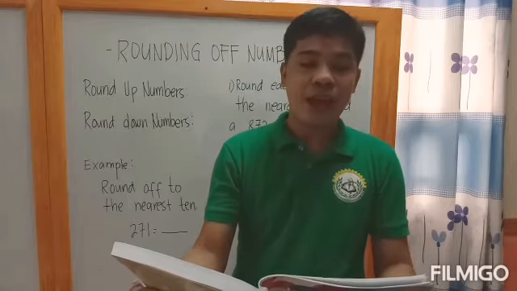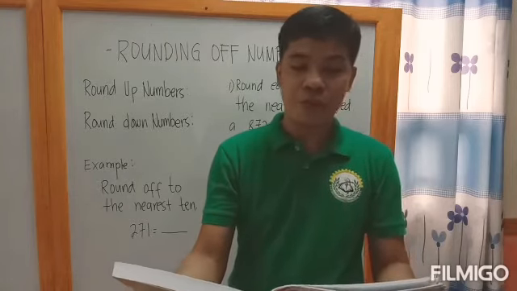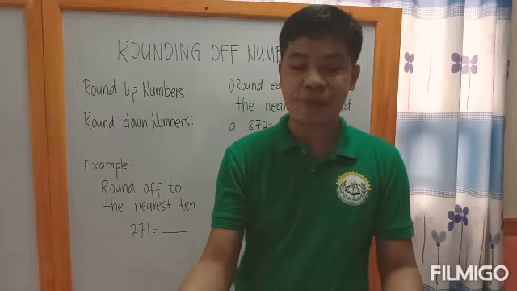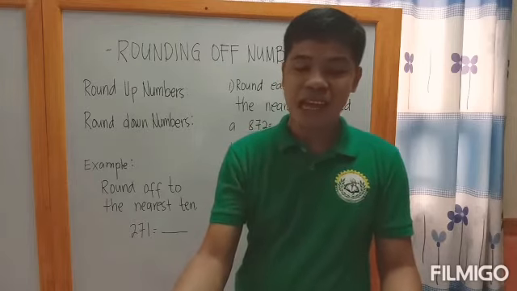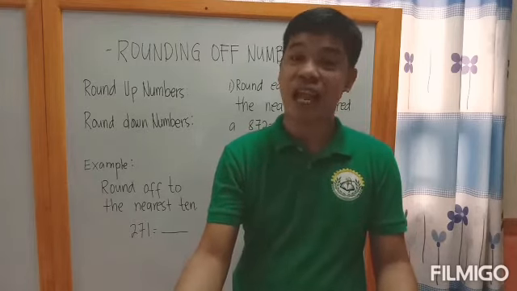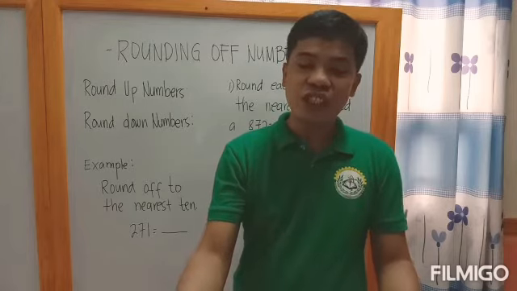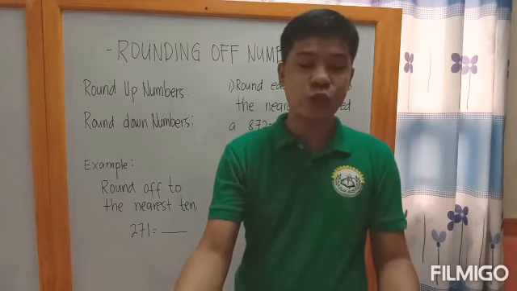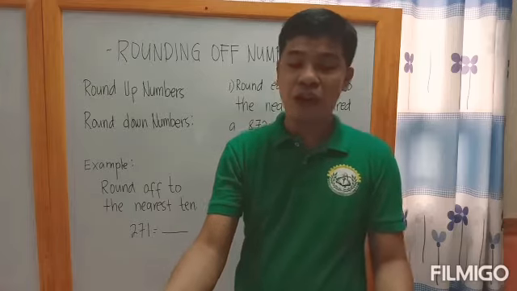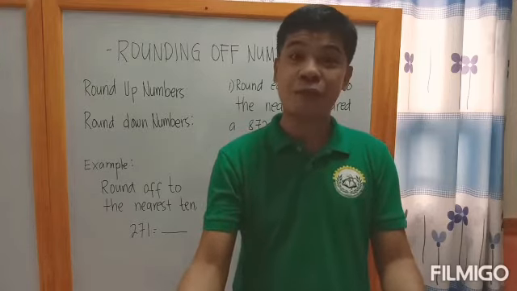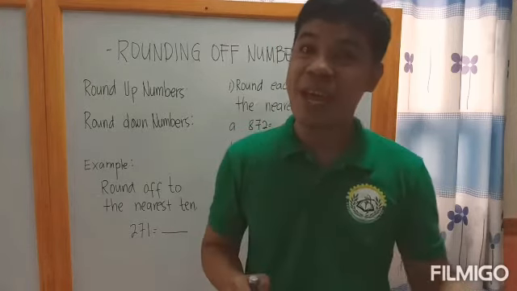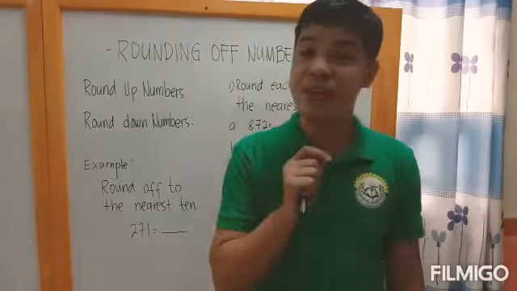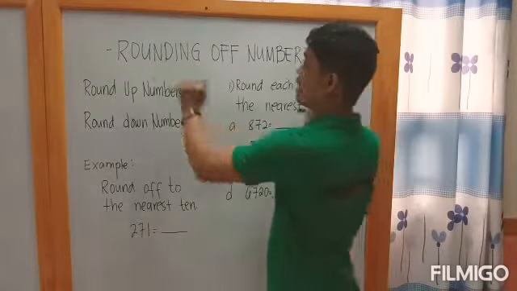Math idea: to round off a number to a given place value, find the closest estimate in that place value. If the digit is halfway between the two numbers, round off the number to the bigger value. That is based on the book.